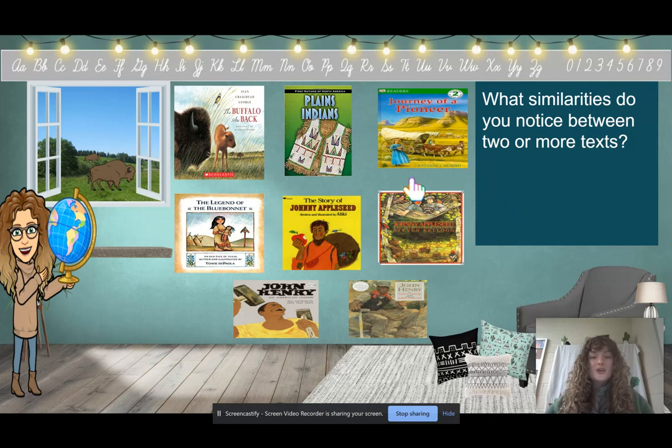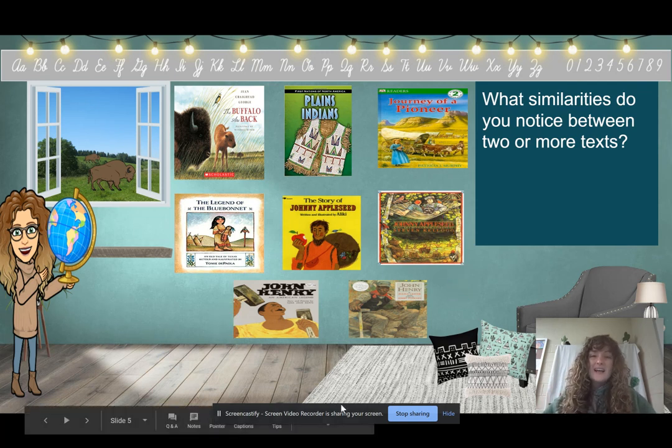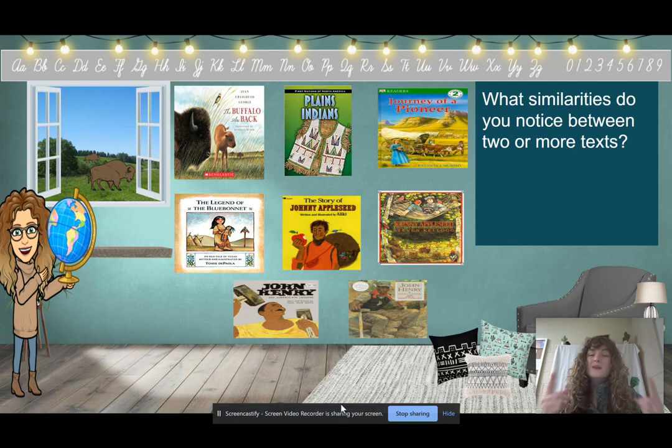We read 2 different versions of The Legend of Johnny Appleseed, and we compared the differences in those texts. And we just finished our time reading John Henry, who is another American legend, and we just finished comparing the similarities and differences in those texts as well.